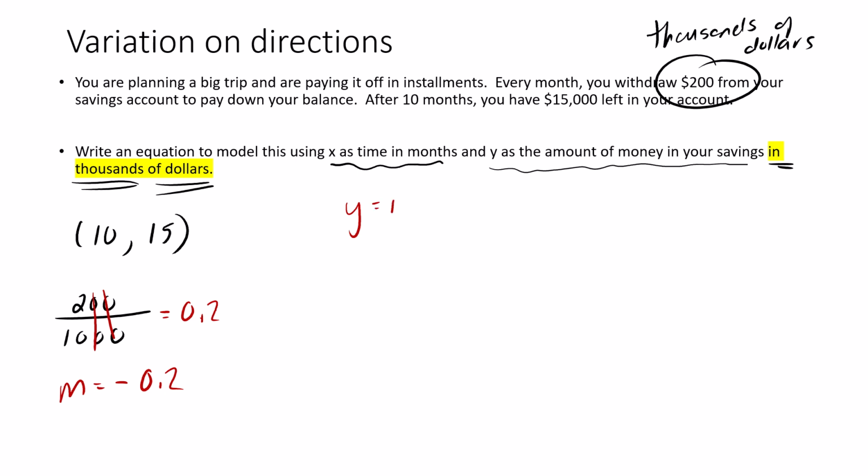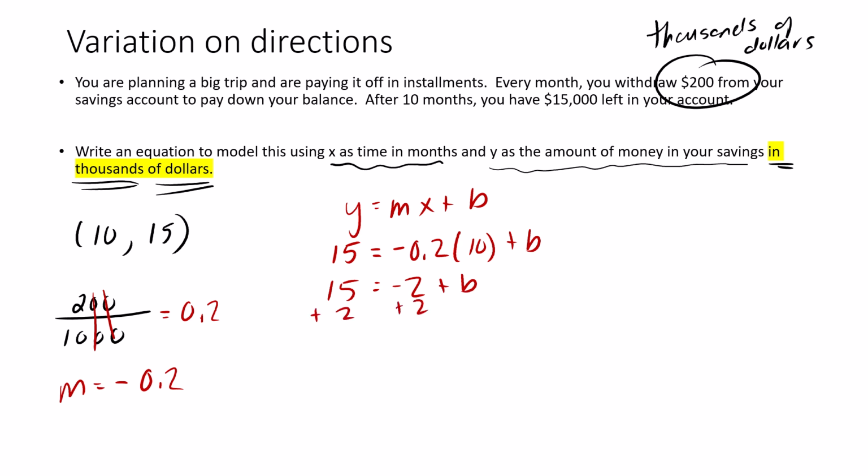Now, when you go to figure this out, we're going to be using a 15 there. We're going to be using negative 0.2 times 10. Negative 0.2 times 10 is negative 2. And now you're adding 2 to both sides instead of 2,000.